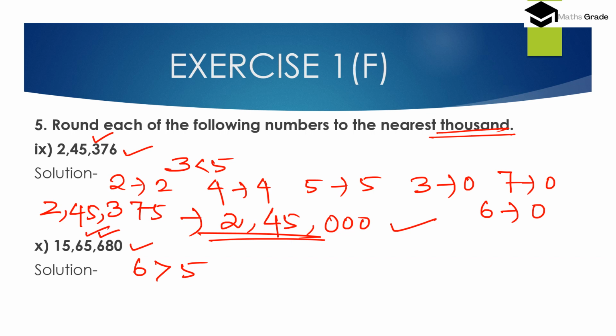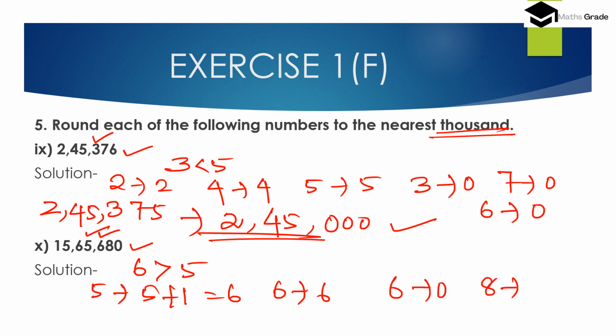Now this 1000s place value digit 5 changes to 5 plus 1, and 5 plus 1 is 6. And this 10,000s place value digit 6 only. This 15 lakh only, and this 100s place value digit 6 changes to 0. The tens place digit 8 changes to 0 and the units place digit 0 is 0.